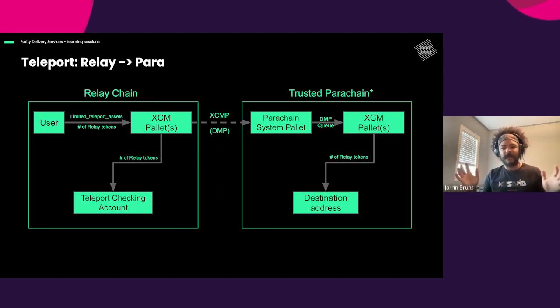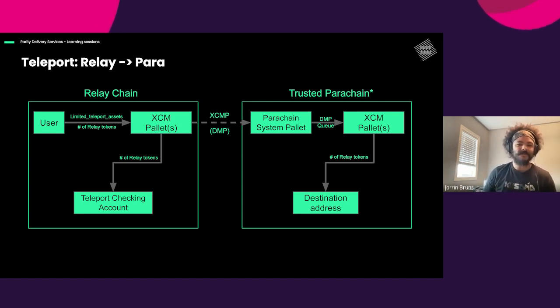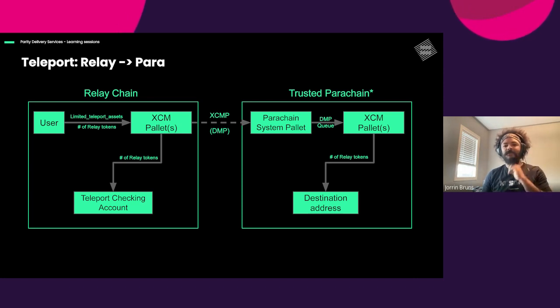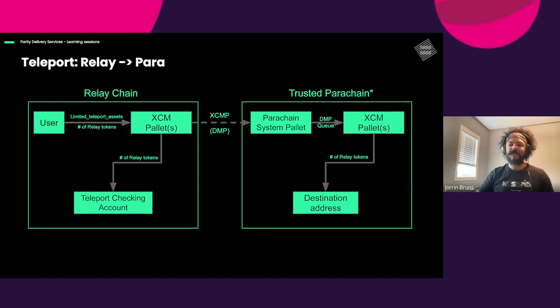All right. Here's a diagram to hopefully make clear all the things that I've been talking about here. So this is a diagram showing a relay chain, a teleport between a relay chain and a trusted parachain. And here's where I'll unpack what trusted parachain means in this case.